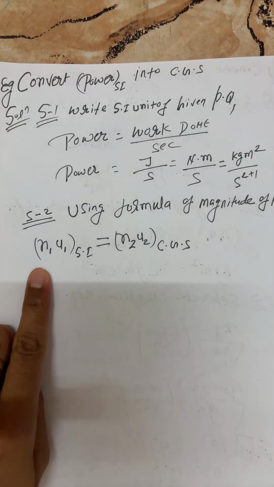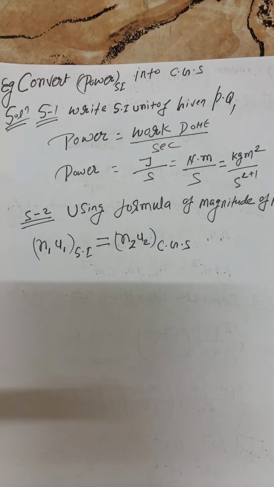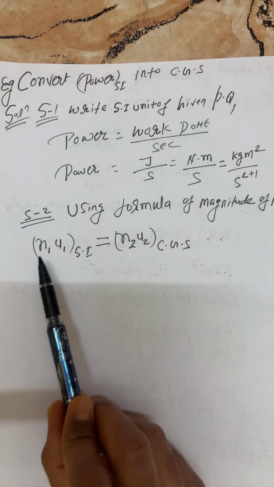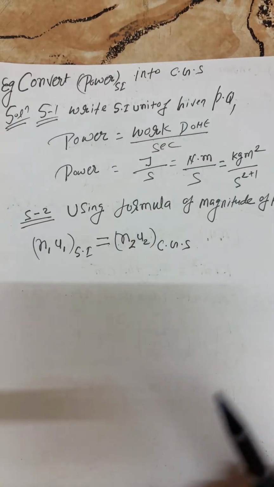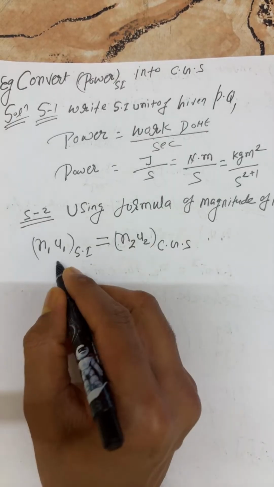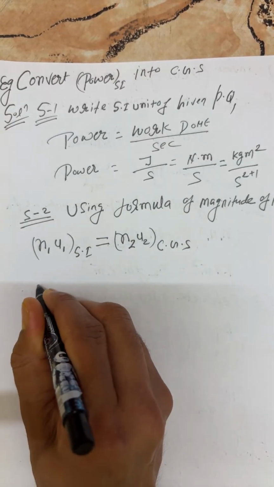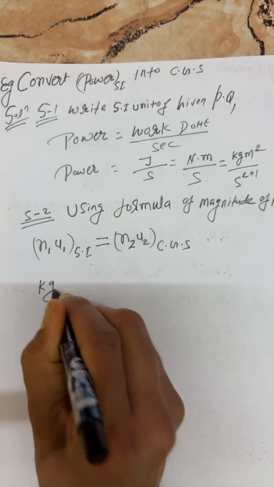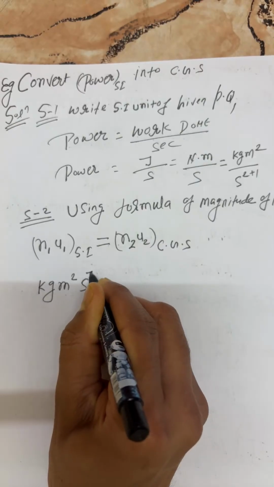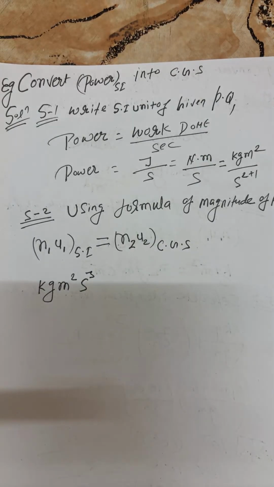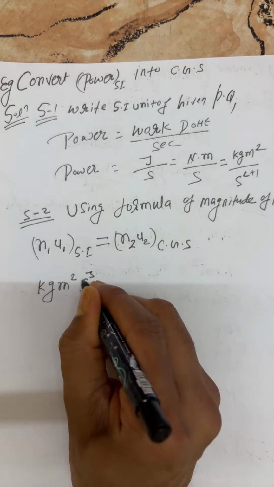So N1 is what? Numerical value. You can say, sir, we have only one numerical value, because power is only one quantity. And the unit, beta, we already found: kilogram meter square s to the power minus 3.